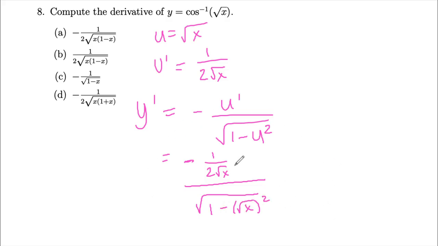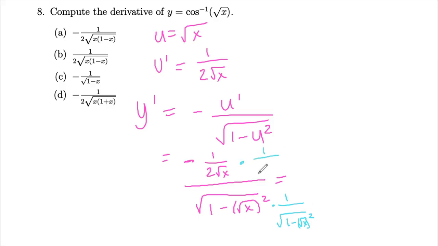All right, now we're just going to have to simplify this mess a bit. First things first, I'm going to multiply by 1 over my denominator. Let me show that in blue. Basically, I'm just getting rid of my compound fraction. So I'm multiplying top and bottom by 1 over the square root of 1 minus the square root of x squared.